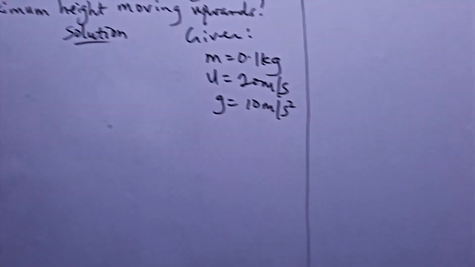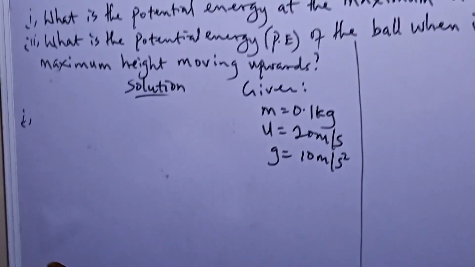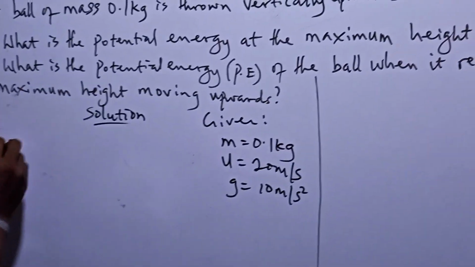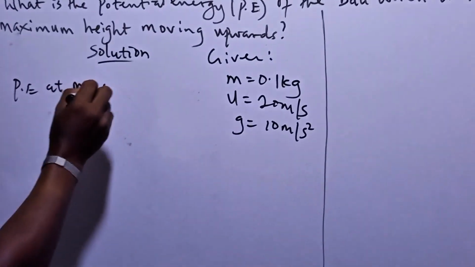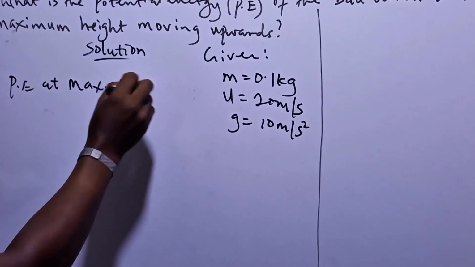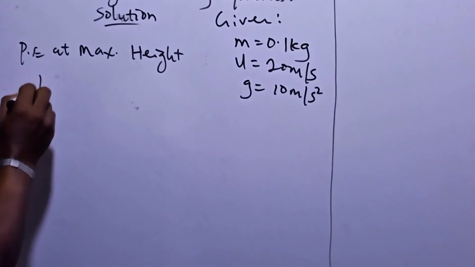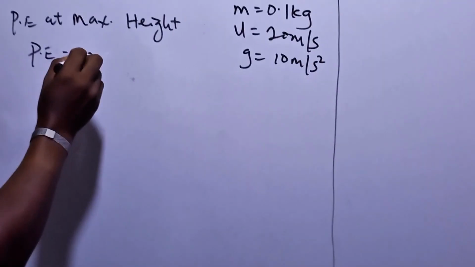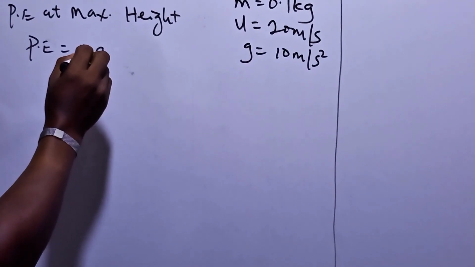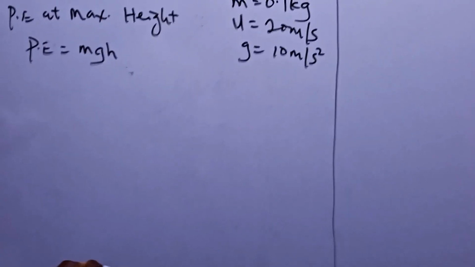Now, the first question states potential energy at the maximum height. PE at maximum height. The formula for potential energy is equal to mass times acceleration due to gravity multiplied by height.